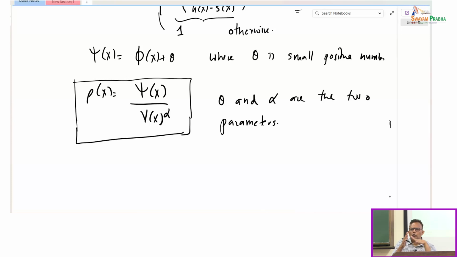Makes sense? Because this 1 over x square decays very fast, right? Depending upon the value of alpha, it could decay faster or slower. If it decays slower, then you can sense things from further apart. If it decays faster, then you may not be able to sense things from far. So that's the role of alpha.